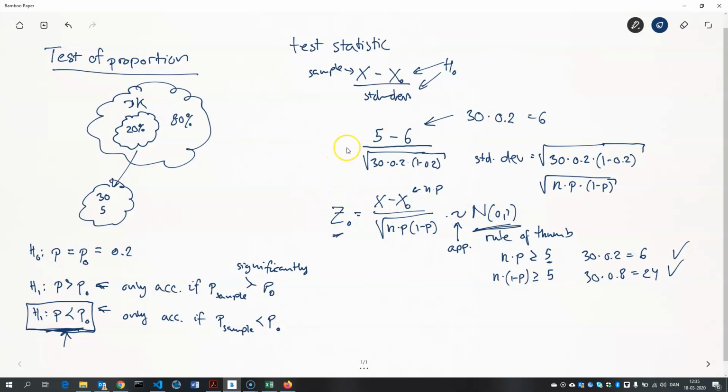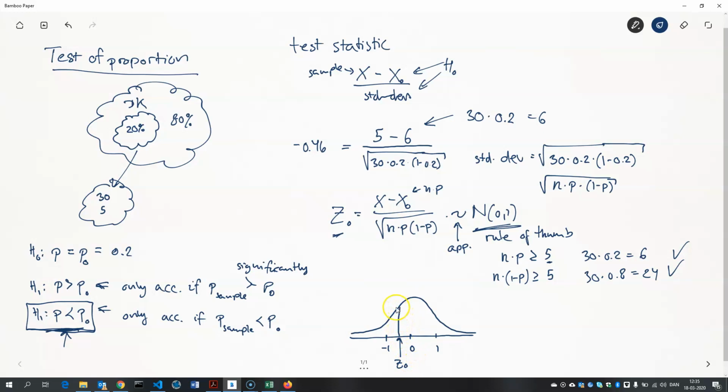If we plug in the numbers, we get a number like minus 0.46, and without actually doing the computation, if I draw the standard normal distribution here, we have 0 here, we have minus 1 here, we have 1 here, so to speak, and our test statistic is somewhere here.